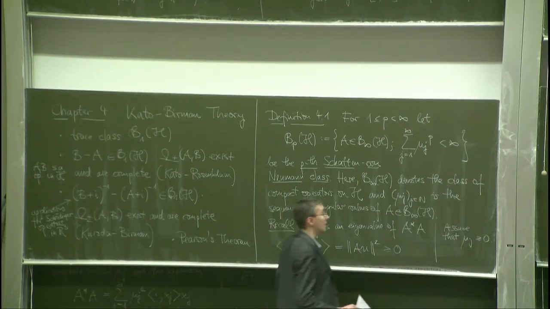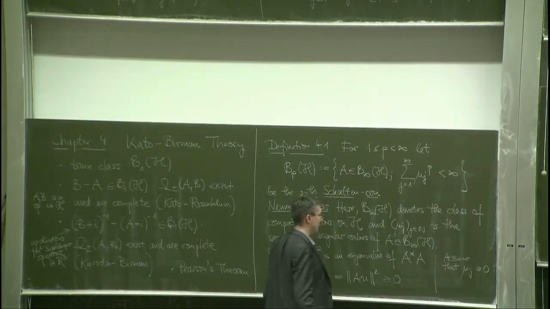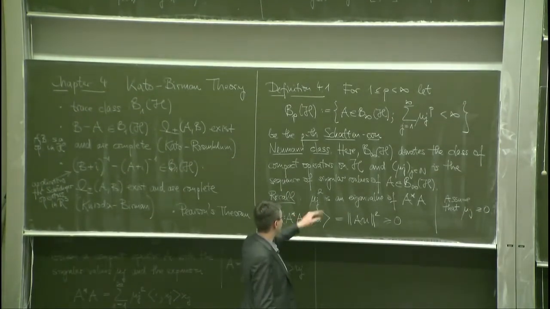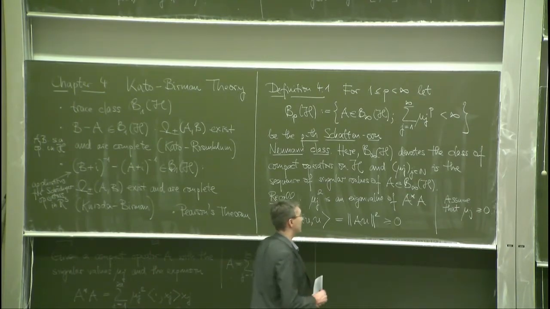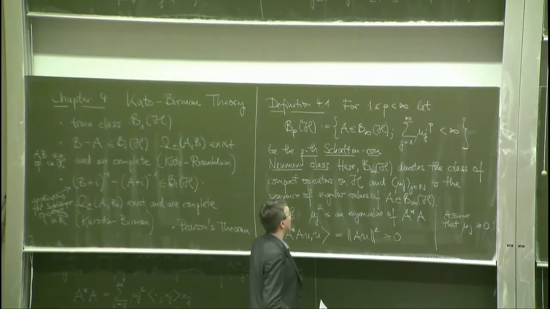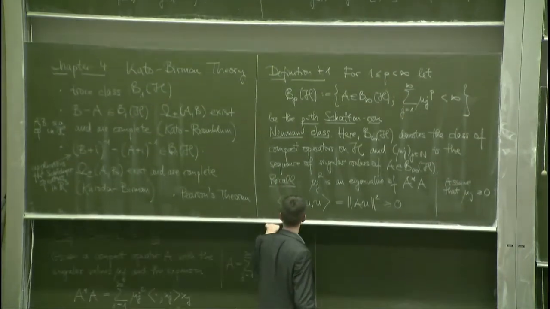You know what I mean? I assume that the mu_j are non-negative, which of course is no restriction. But please correct this: this has to be taken to the power of 2 here, and then the same argument as I presented goes through, and then we assume that the mu_j are non-negative to have a suitable definition here.